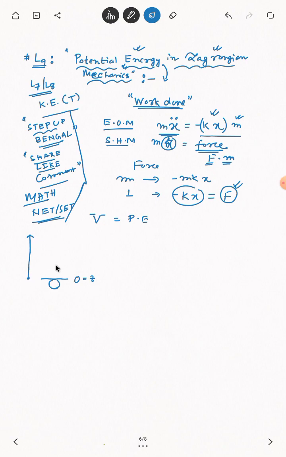Vertical system we will think of as Z. In that case, if we take this up to height Z and put it here on a particular platform, then obviously if we do this experiment in gravitational field, then we cannot ignore mg, that means the force downward gravitational force.